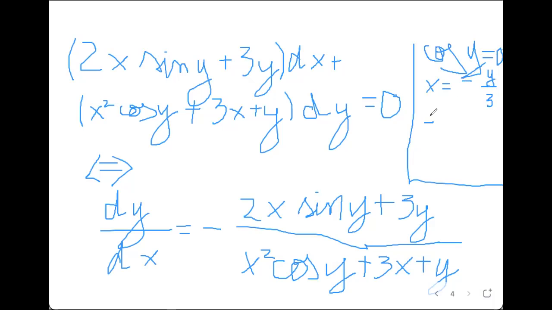So for example, we could have y equal to pi over 2 and x equal to minus pi over 6.